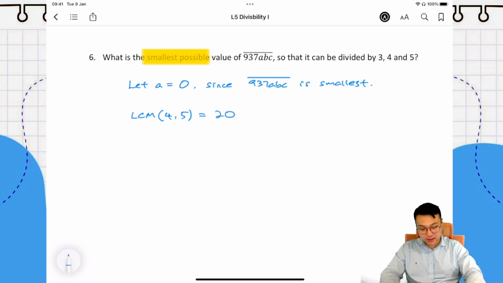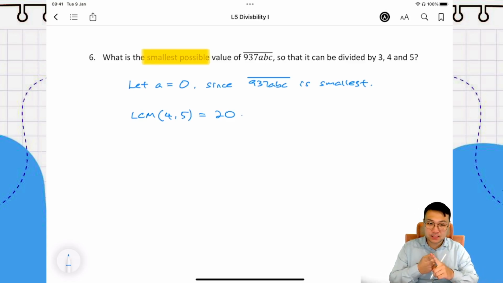Yes, you are correct. So the LCM is 20. If a number is divisible by 4 and 5, that means it must be divisible by 20. Do you agree? 20 can be divided by 4. 20 can be divided by 5.